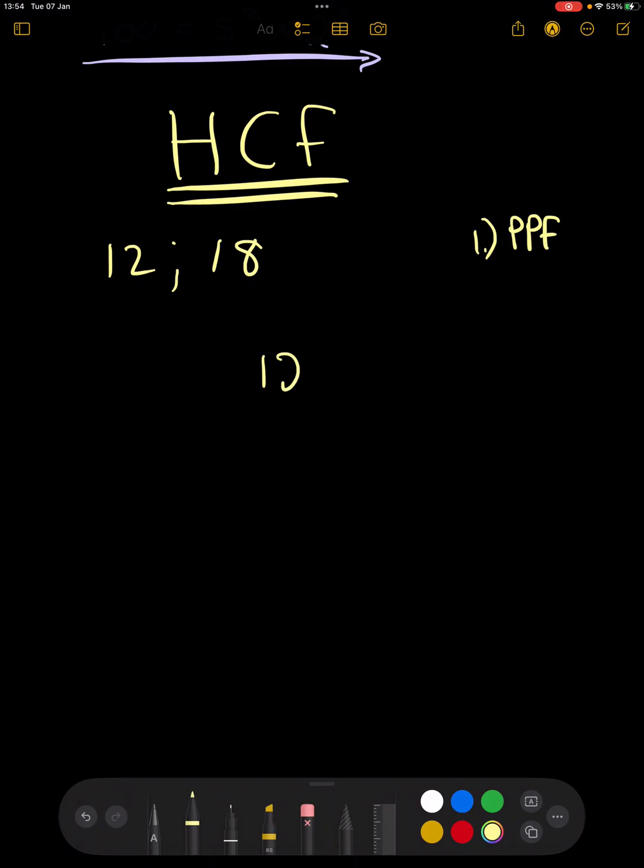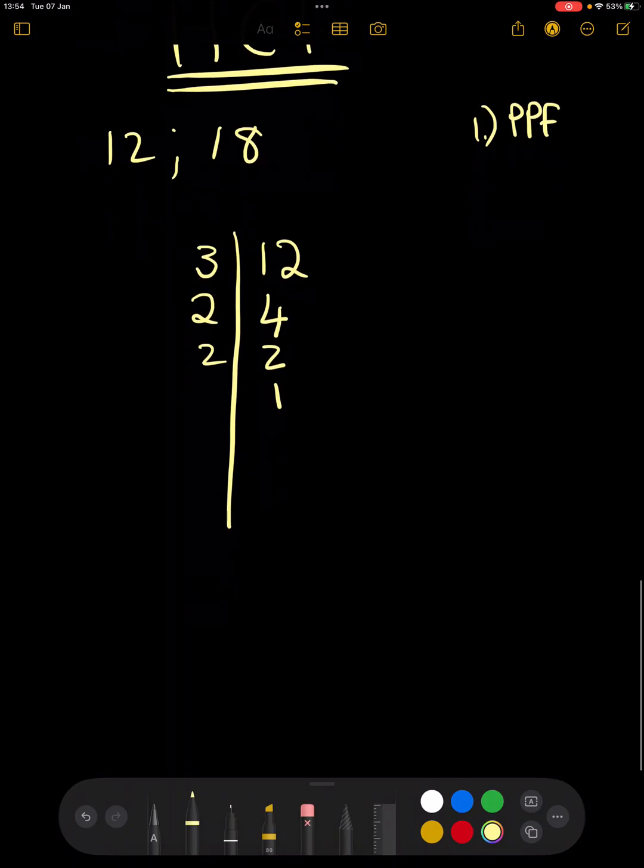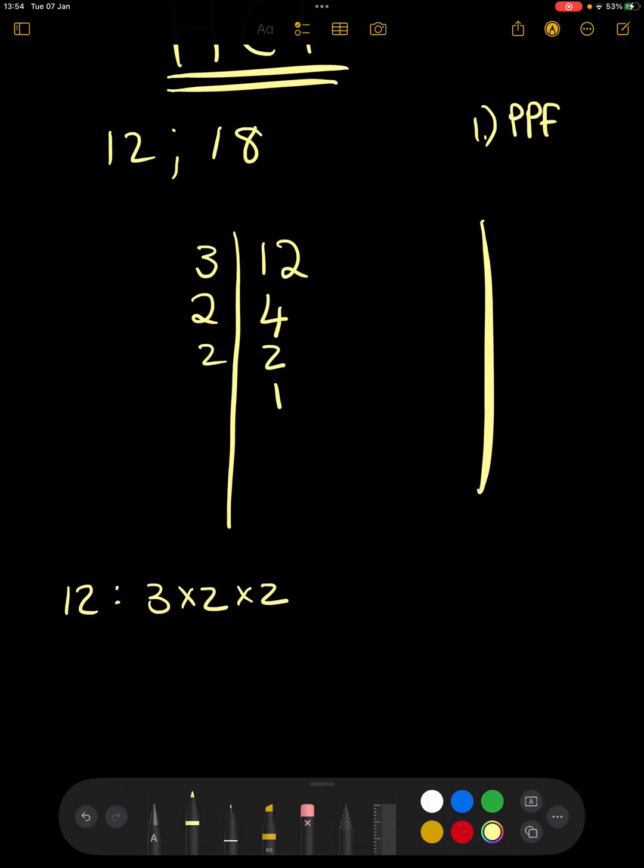So we're going to start off with 12. A prime number that can divide into 12 is 3. It goes in 4 times. 2 can go into 4 twice, and 2 can go into itself once. So if we had to write 12 as a product of prime factors, it would be 3 times 2 times 2.